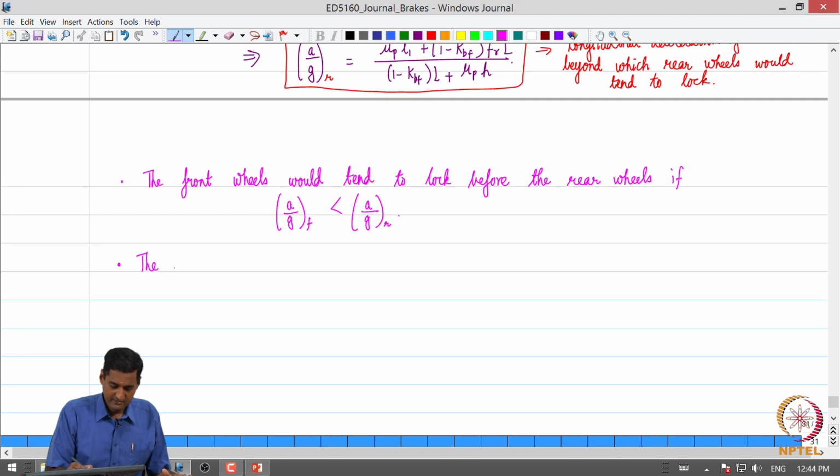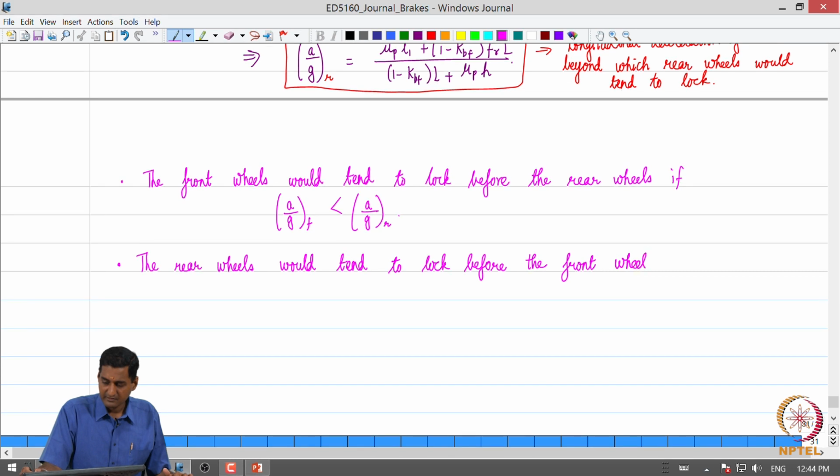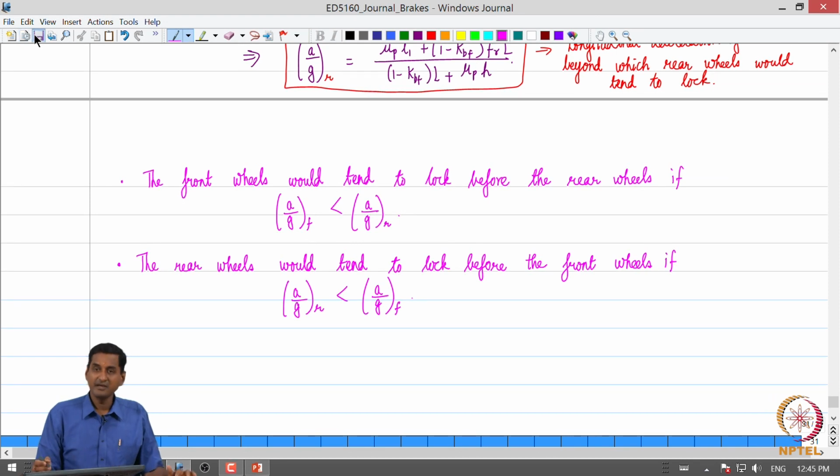Similarly, the rear wheels would tend to lock before the front wheels if it is the other way around, A by G R is less than A by G F. Okay.